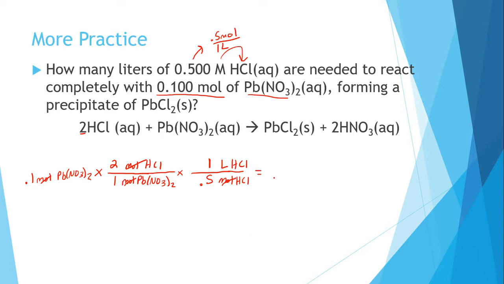When you go ahead and solve this, your calculator will say 0.4, but because of sig fig rules, I need 3 sig figs, and I only have 1 right now, so 0.400 liters of my compound HCl. If this was asking for milliliters, you could have done one more step and switched liters to milliliters, again by multiplying by 1,000 if needed.